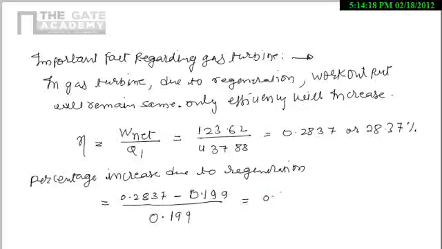So it is coming 0.4256 or 42.56%. So due to regeneration, the efficiency is increasing by 42.56%.